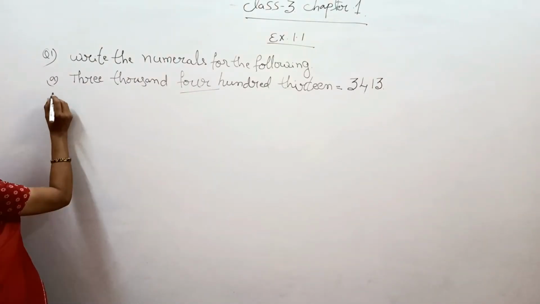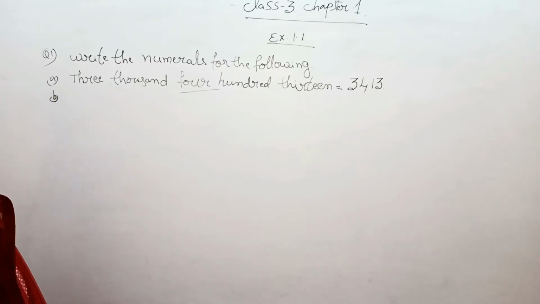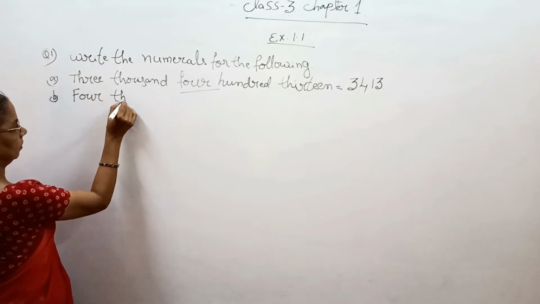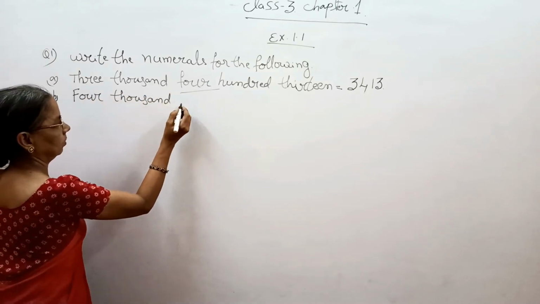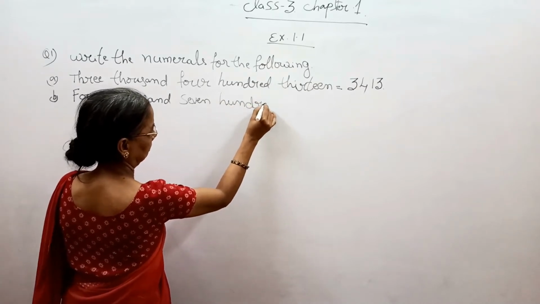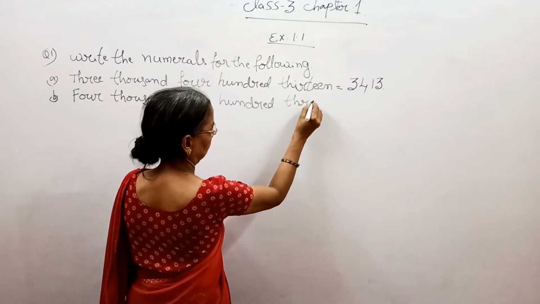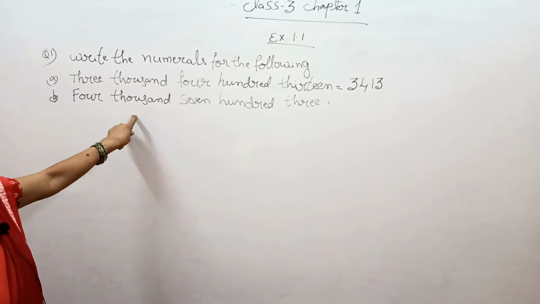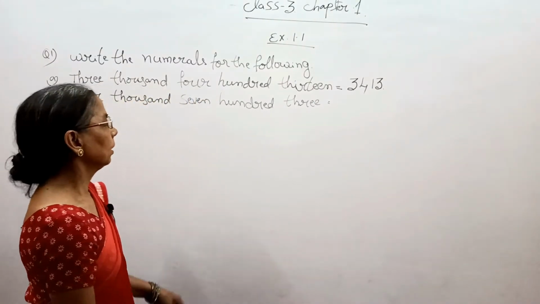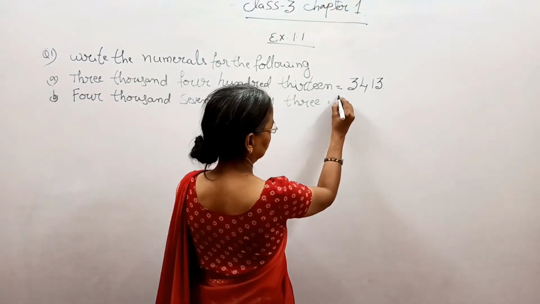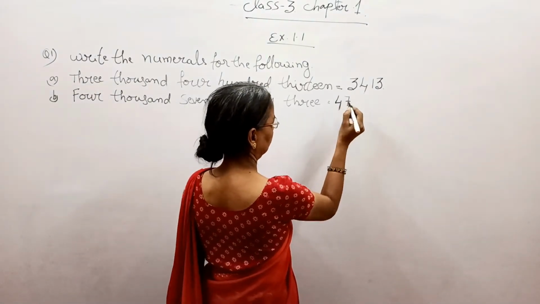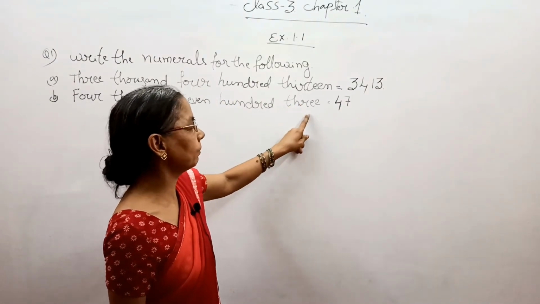The second one, 4703. Here we have the number for thousands, the number for hundreds, and 3, but we do not have the number for tens. So we have to write first 4000, then 700, 7, next it is 3. In between hundreds and ones we have tens.